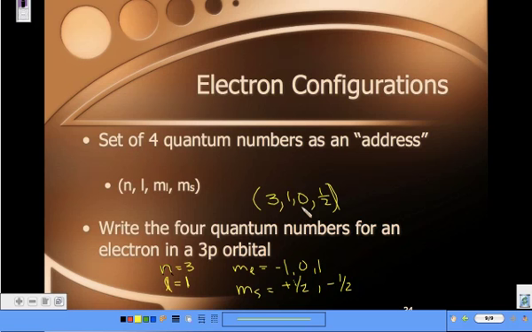So one would be plus 1/2, one would be minus 1/2. Or if they have the same spin, they have to be in a different orbital. So maybe it's 3, 1, minus 1, plus 1/2. And then that would be different. This is ml.